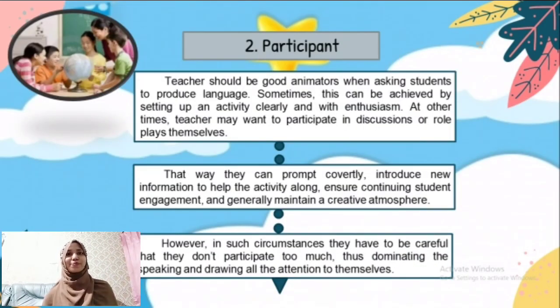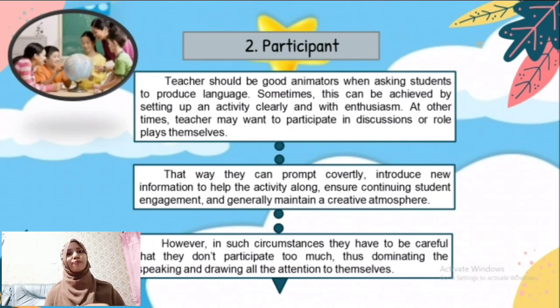The second point is participant. Teachers should be good animators when asking students to produce language. Sometimes this can be achieved by setting up an activity clearly and with enthusiasm. At other times, however, teachers may want to participate in discussion or role plays themselves.